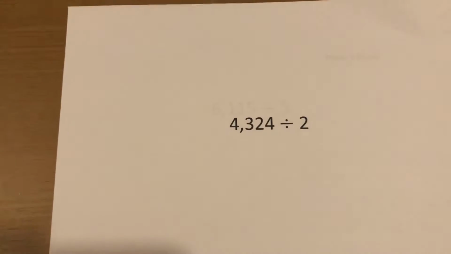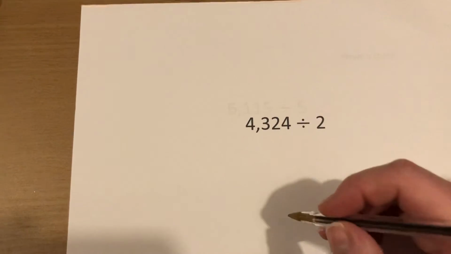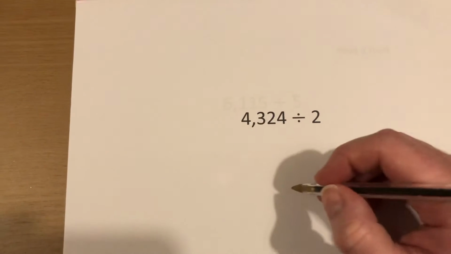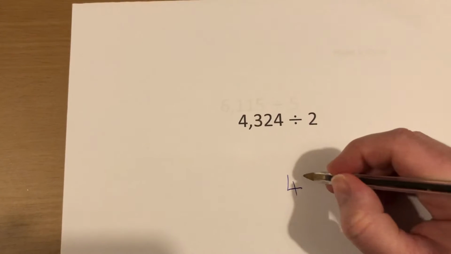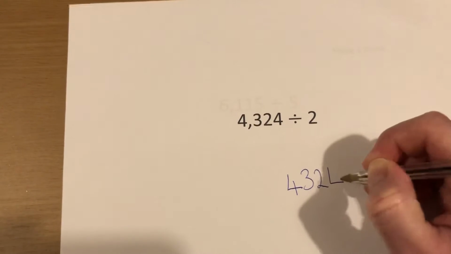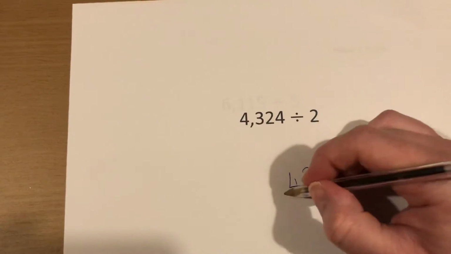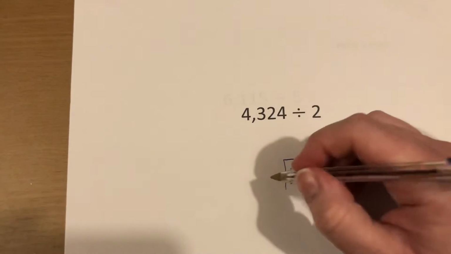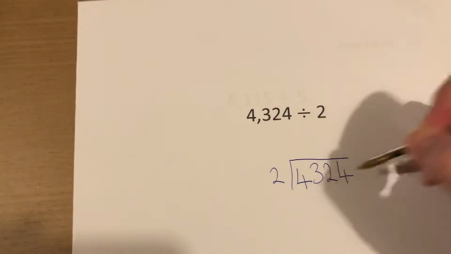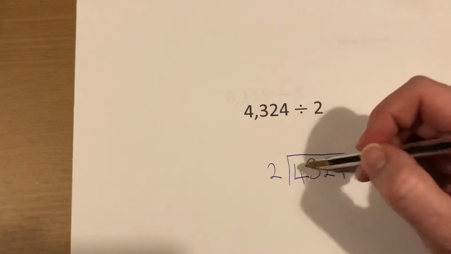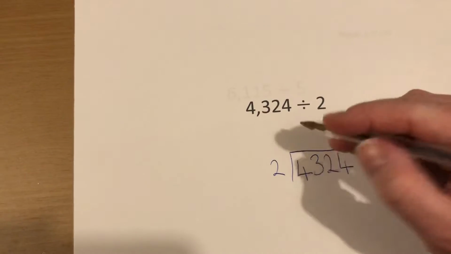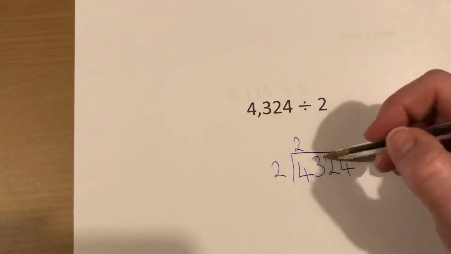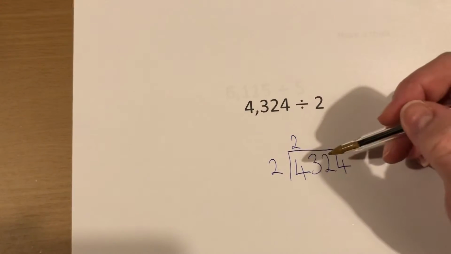Let's have a look at this one. Okay, so I have a linear calculation, but I'm going to put it into the formal written method. I've got my bus stop, I've got my divisor, my dividend on the inside. Let's go. 4 divided by 2 is 2. 3 divided by 2.